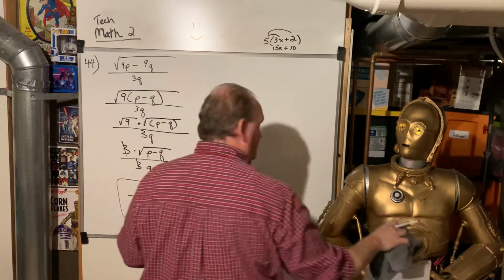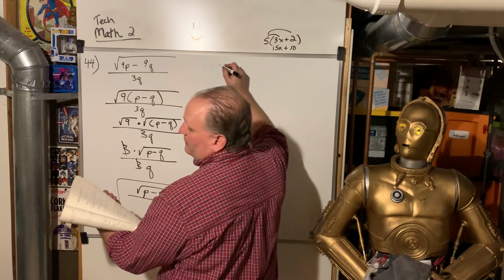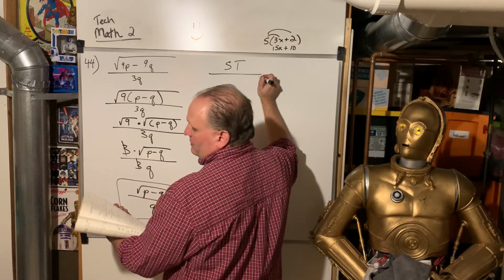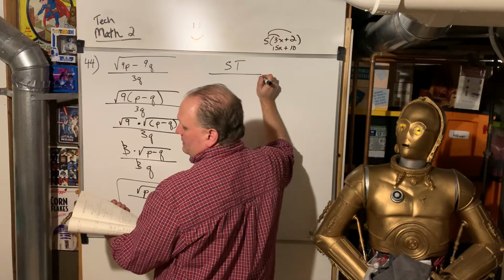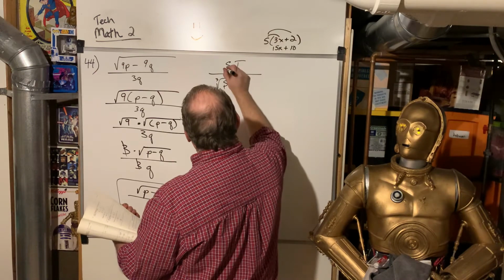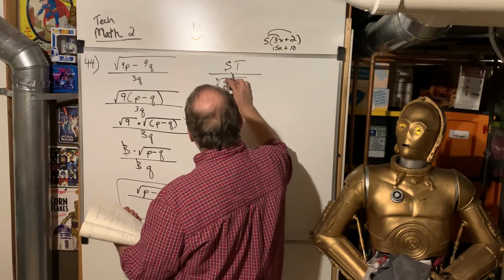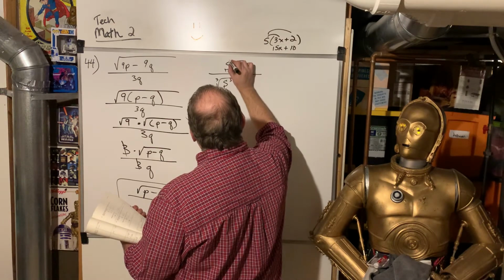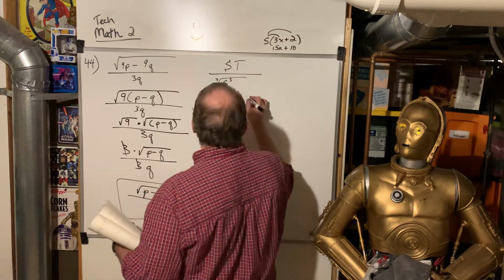All right, and we'll look at the last part of 44. We have st over the cube root of s cubed t.